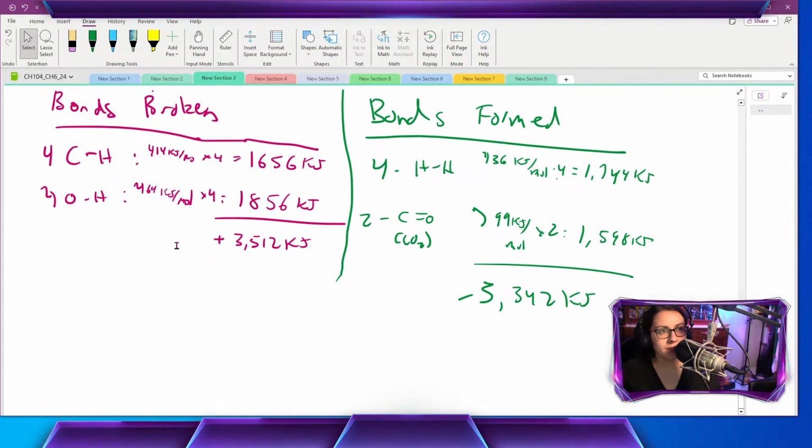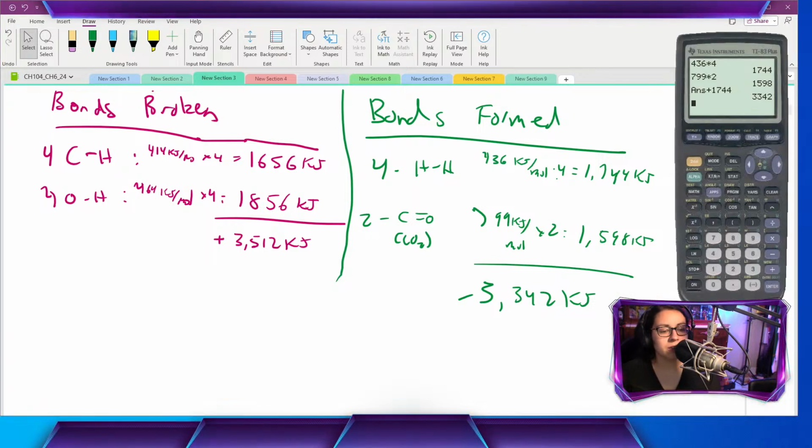Now we need to add these two together, get our overall energy, our overall change in enthalpy. And enthalpy, remember, is just the change in heat. We're just measuring our energy in heat right now.